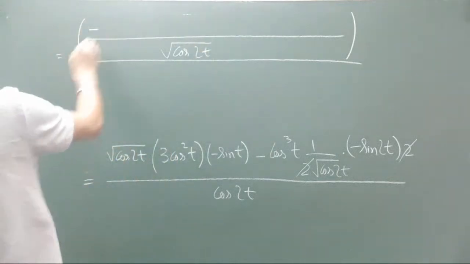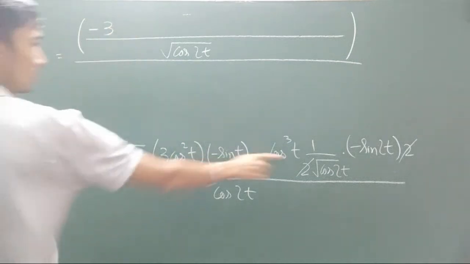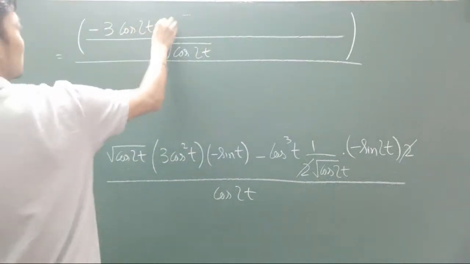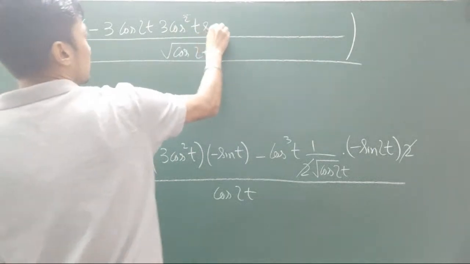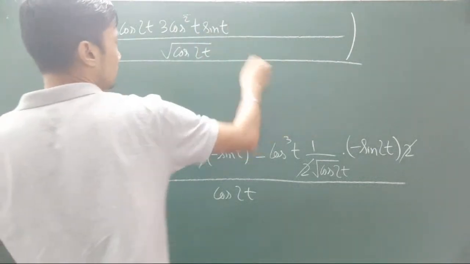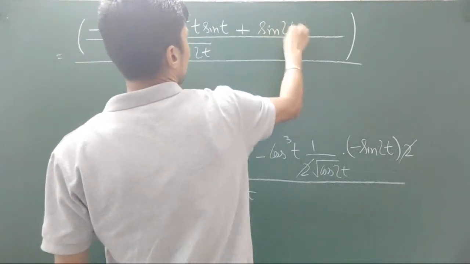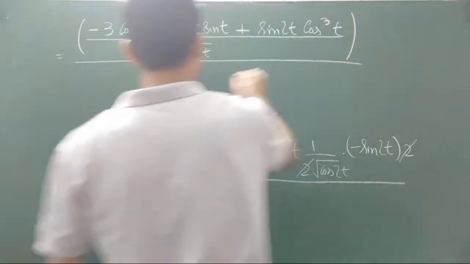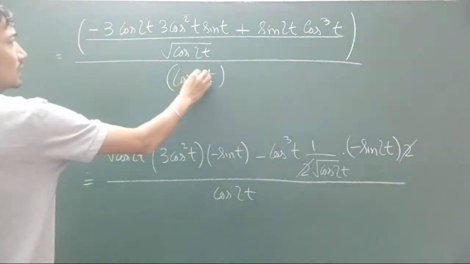Here we'll have minus 3 root LCM cos 2t, 3 cos square t sin t, minus into minus plus sin twice of t cos cube of t, cos 2t.